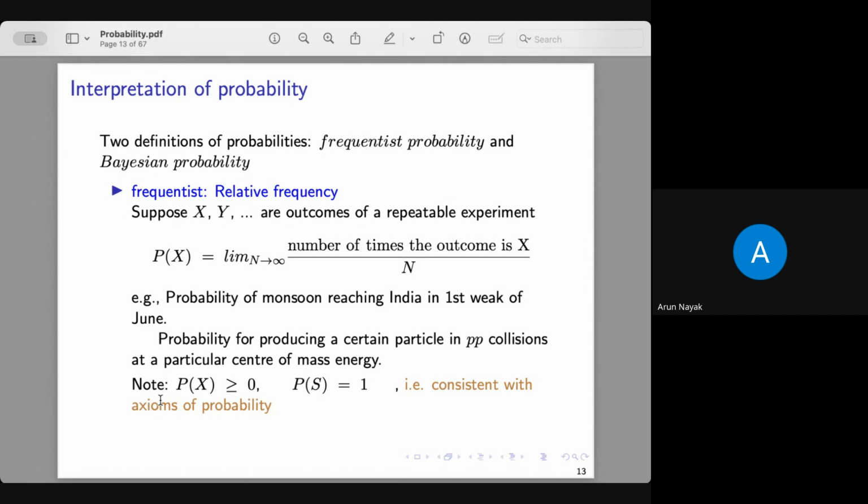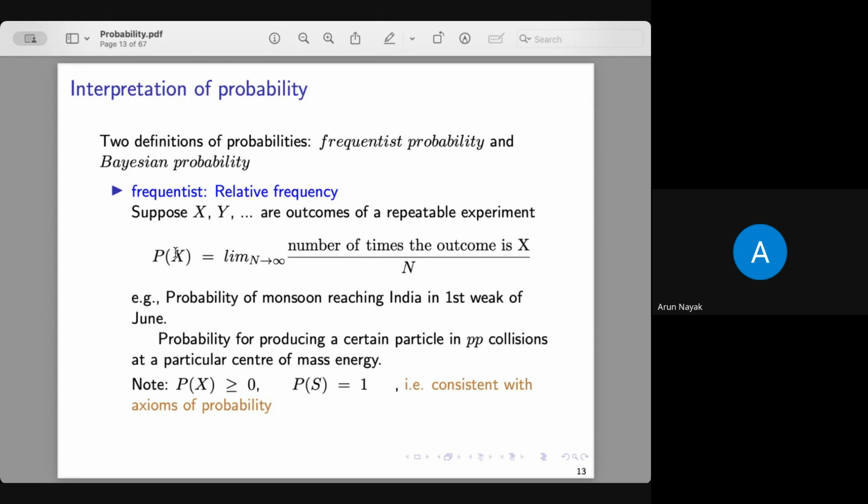If you have some trials or experiments that produce some results, the number of times you get say x out of the total number of trials gives you the probability of getting x. So that's the relative frequency.